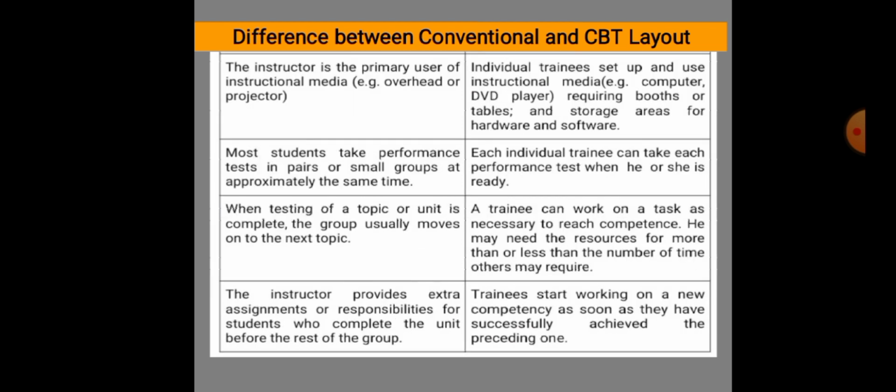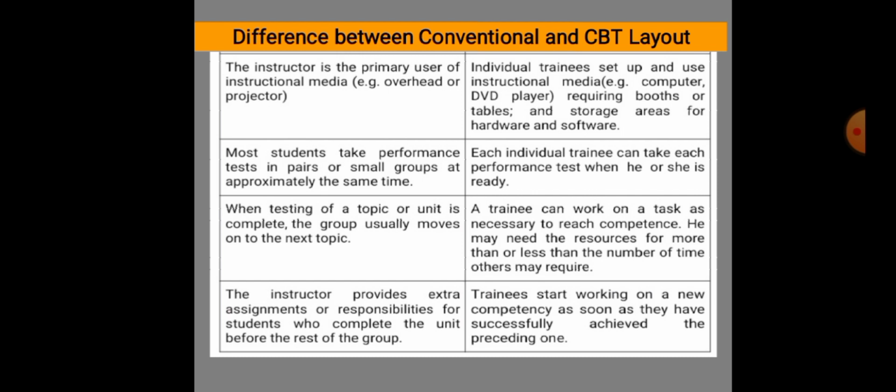And for the conventional, the instructor is the primary user of the instructional media, for example, the overhead or the projector, whereas in CBT, individual trainees set up and use instructional media, for example, computer and DVD player, and it requires booths on the tables and storage areas for hardware and software.